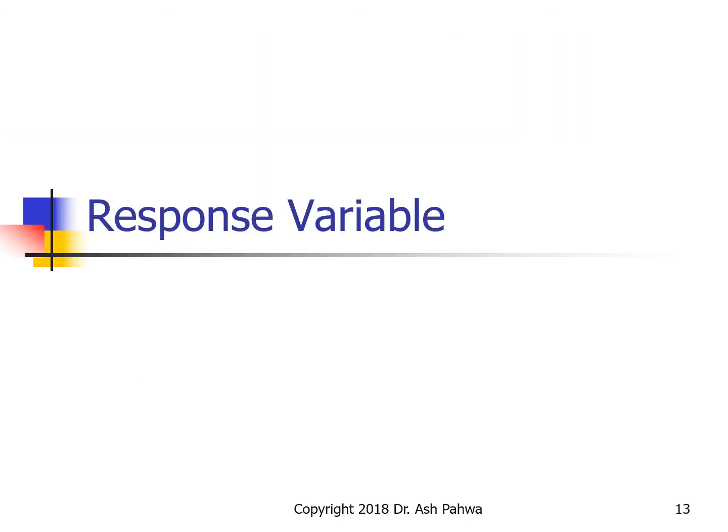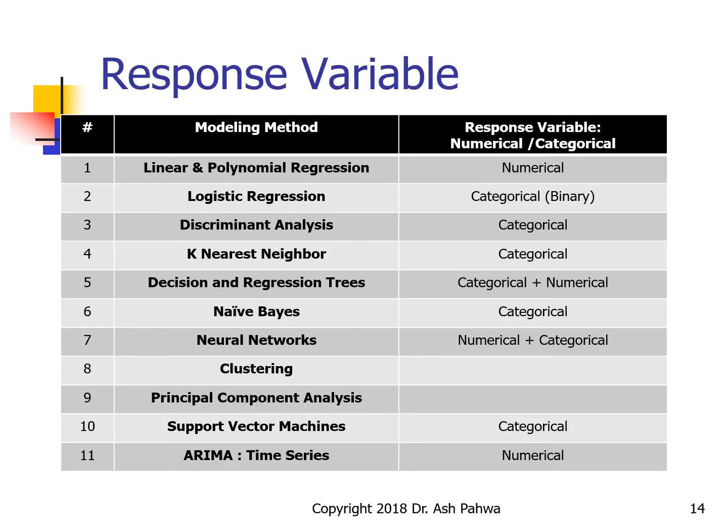Now let us look into the response variable. How can we categorize different modeling methods based on the response variable? As we discussed before, the response variable can be numerical or categorical.